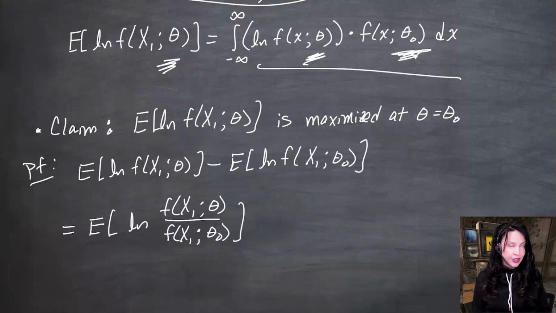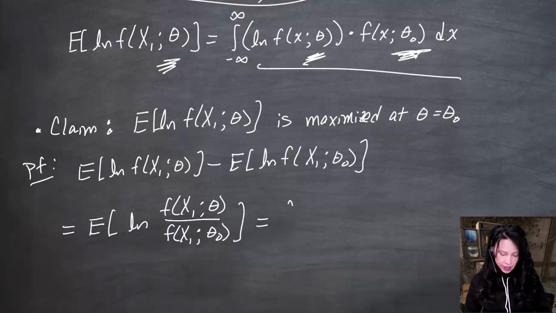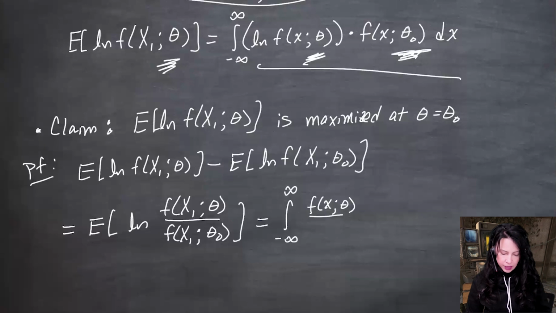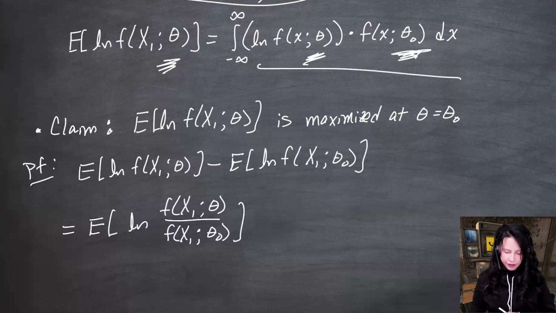The randomness is x1. So if you want to compute this, you're going to integrate, or sum, from minus infinity to infinity of f(x, theta) over, sorry. Actually, I can't do that yet. I can, but it's not going to help. I want to get that log out first.